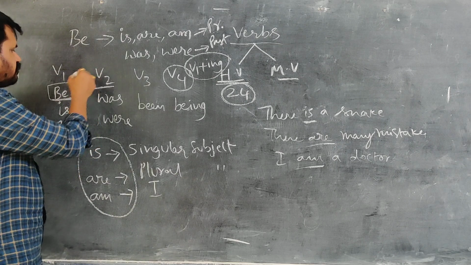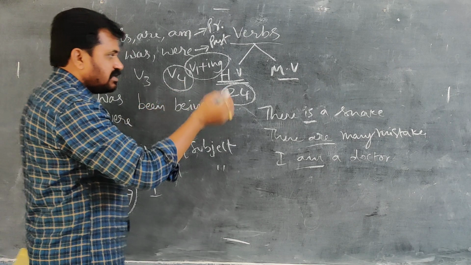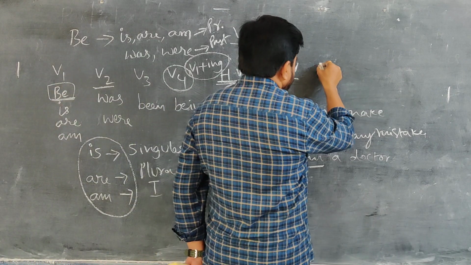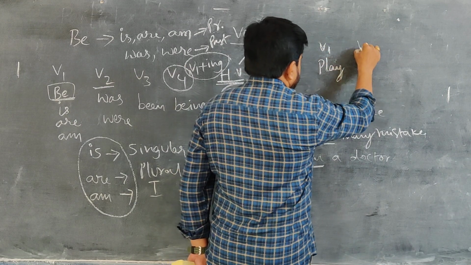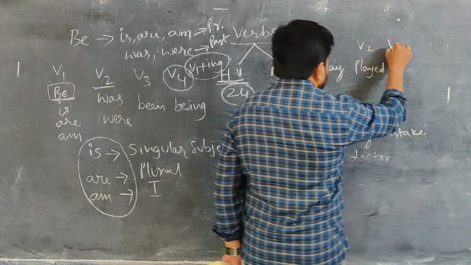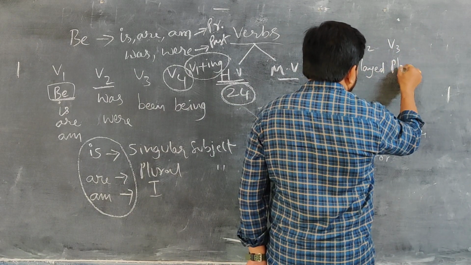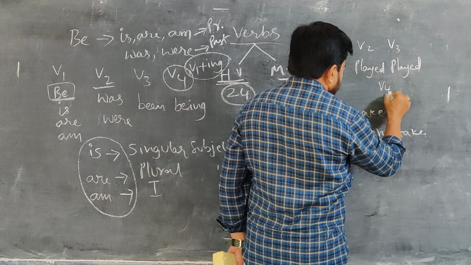What verb is it? Whether V1 is possible, V2 possible, V3 possible, V4 possible. Regarding the main verb I am talking about, if you take play: V1 play, V2 played, V3 played, V4 playing.